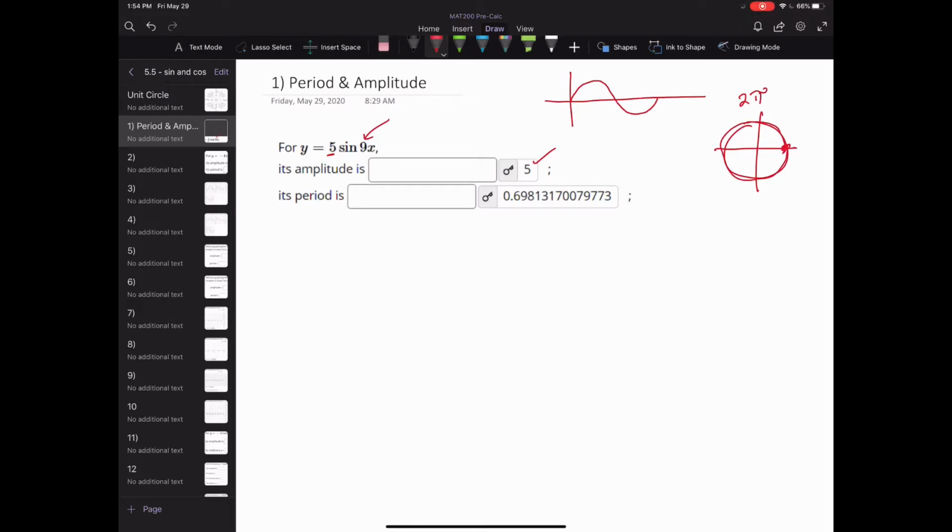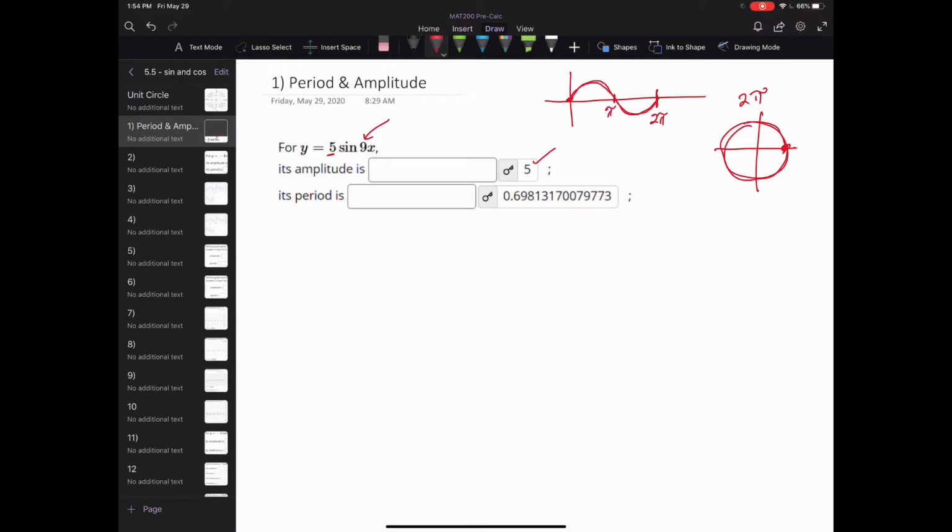That's 2 pi radians. So we want to know how many full curves, and this is what a sine curve looks like. A sine starts down here. How many of those fit into one full revolution? So that's 2 pi, and what's right in the middle?